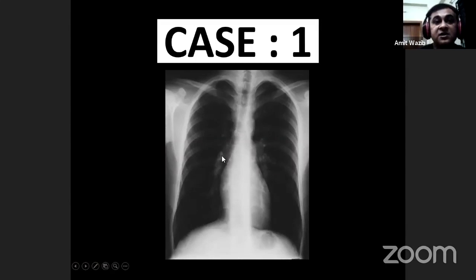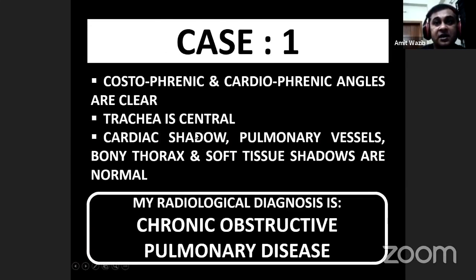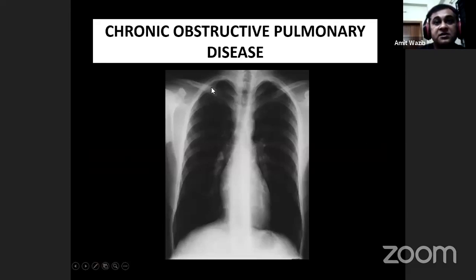So this is a typical chest X-ray of chronic obstructive pulmonary disease or COPD. So the diagnosis will be COPD. Don't forget that other points which are not very important in this particular case should be mentioned as normal. So this is an X-ray chest of COPD.